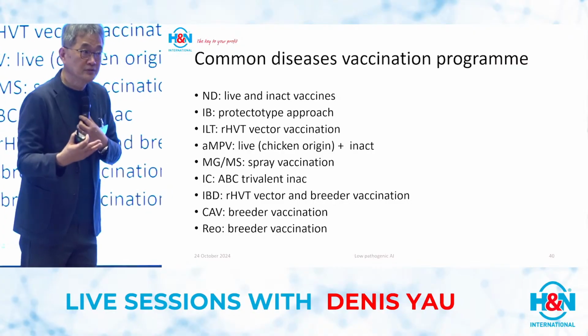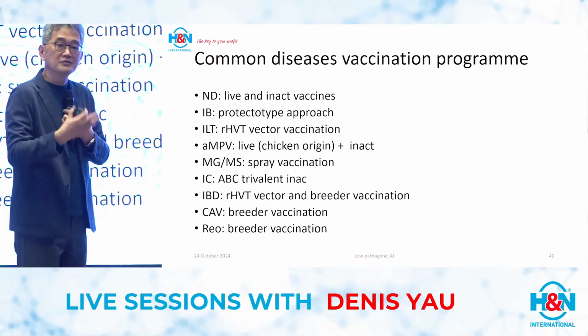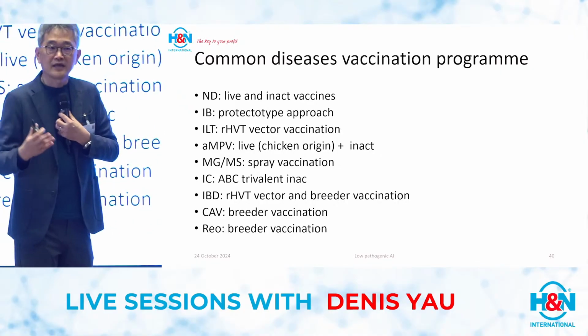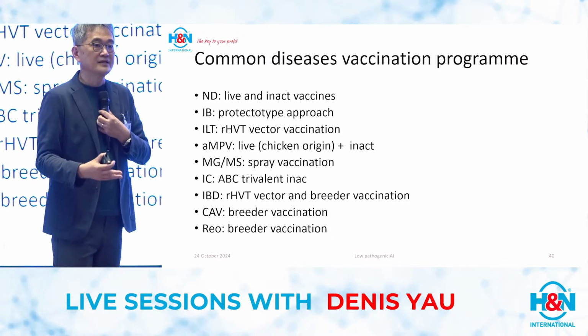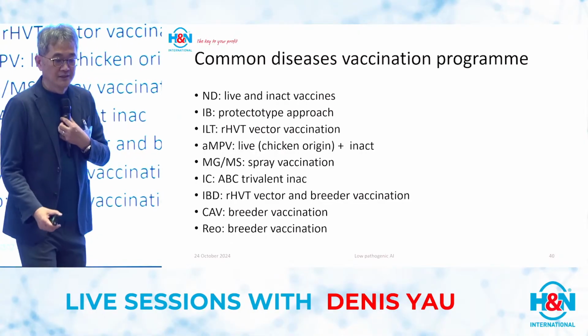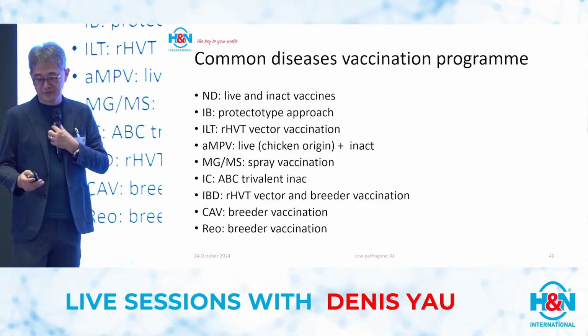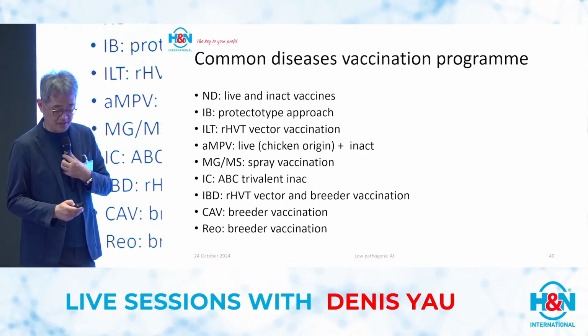So Rio can still infect layers. That will not cause the leg issue or arthritis, but it can cause immunosuppression. So again, for Rio, our suggestion is to do breeder vaccination.